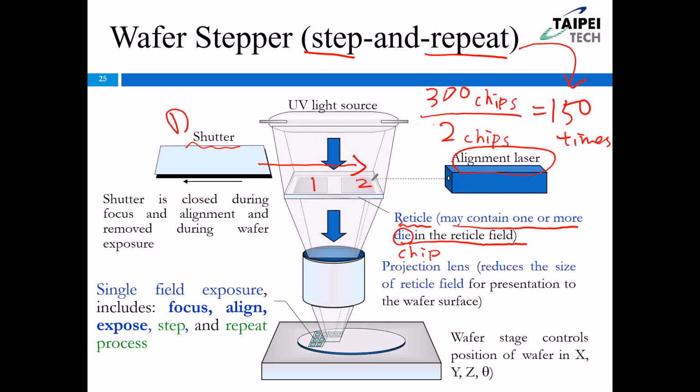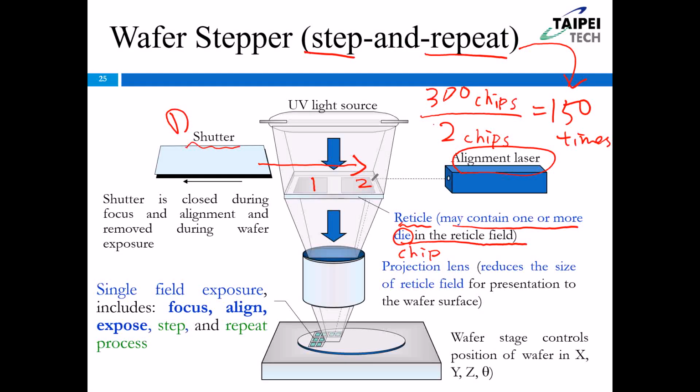And then after we make sure the alignment is finished, the shutter is removed. The shutter is moved to the left, so the UV light can pass through the reticle, then pass through the projection lens, and finally reach the silicon wafer surface, okay?